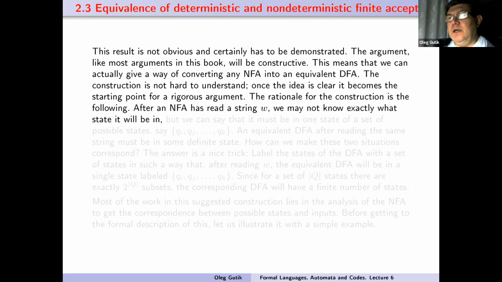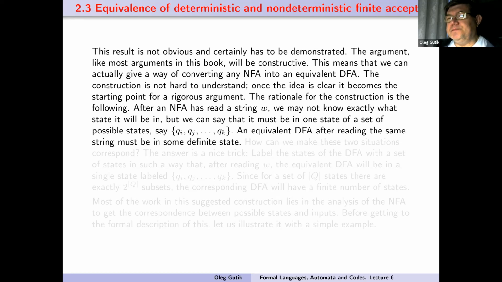After a non-deterministic finite acceptor has read a string w, we may not know exactly what state it will be in, but we can say that it must be in one state of a set of possible states, say Qi, Qj, and so on, Qk.